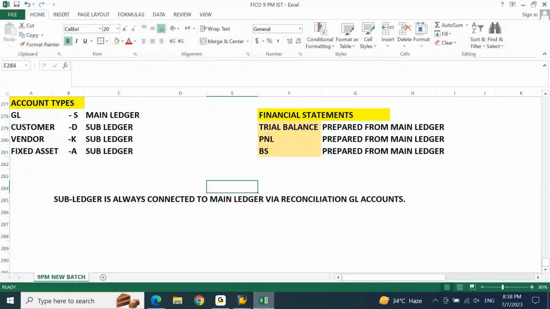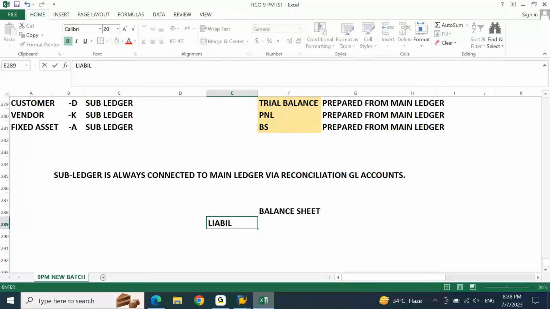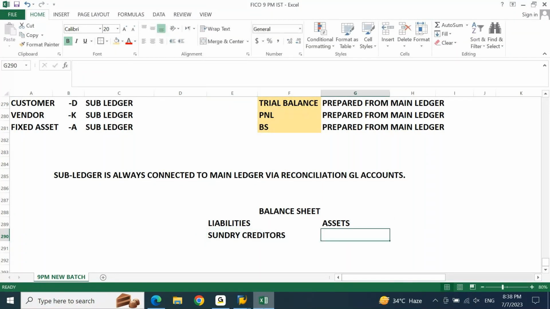In short, whenever you saw the balance sheet, on your liabilities you must have heard something called sundry creditors. On the asset side you must have heard something called sundry debtors.